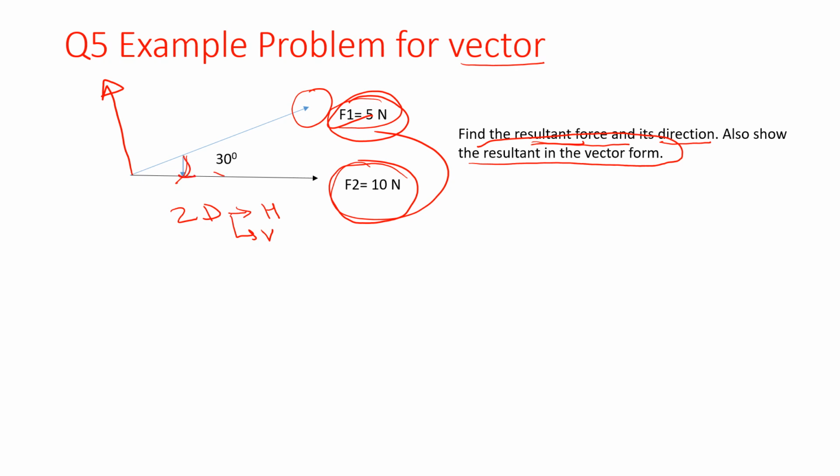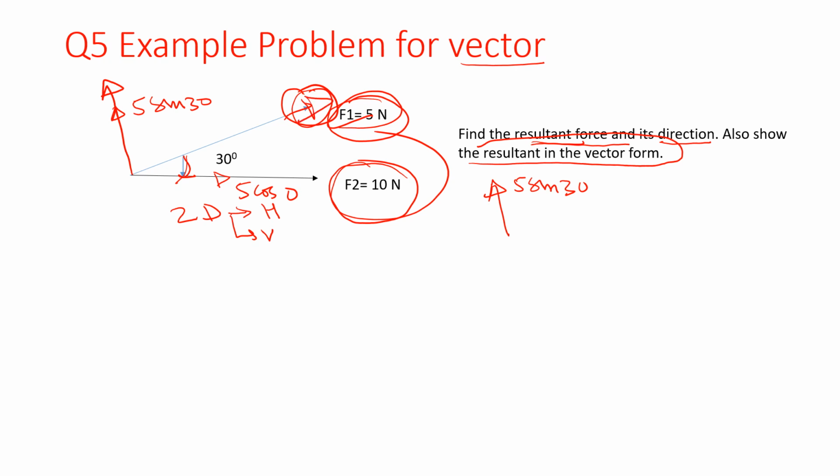Wherever it makes the angle, it is cosine, so it would be 5 cosine 30, and on the vertical it would be 5 sine 30. See, this direction is important.